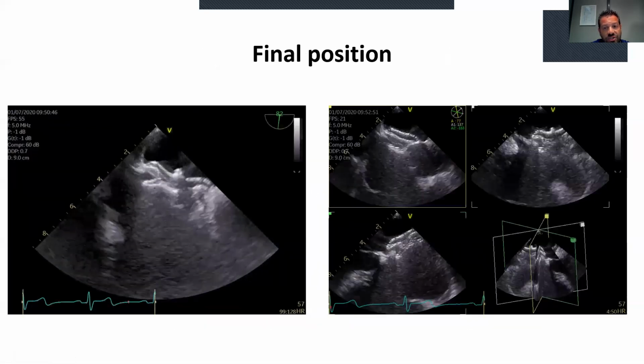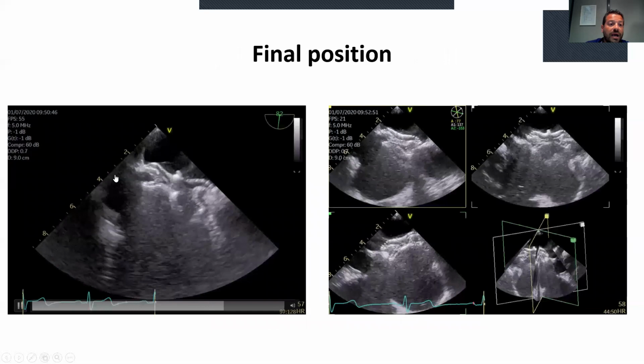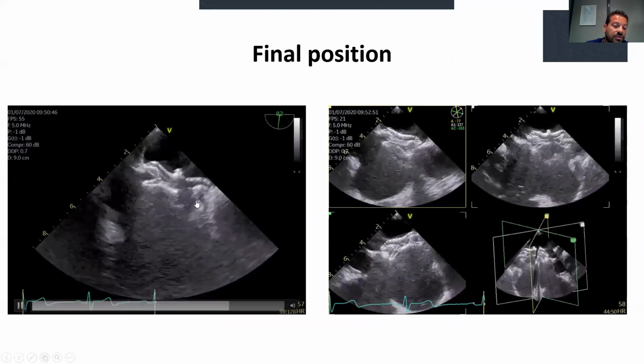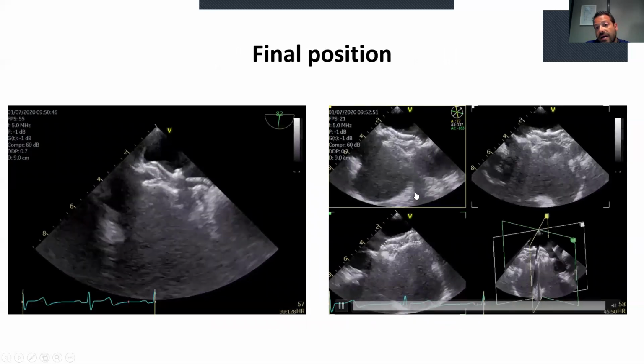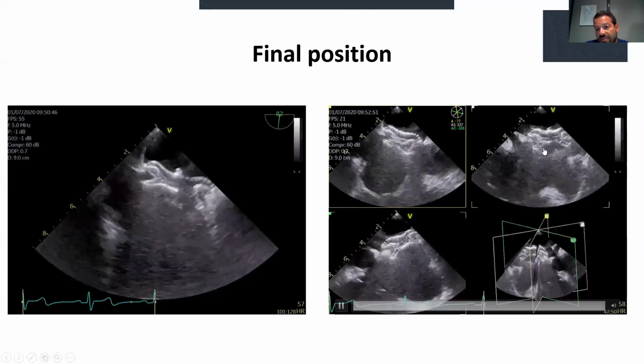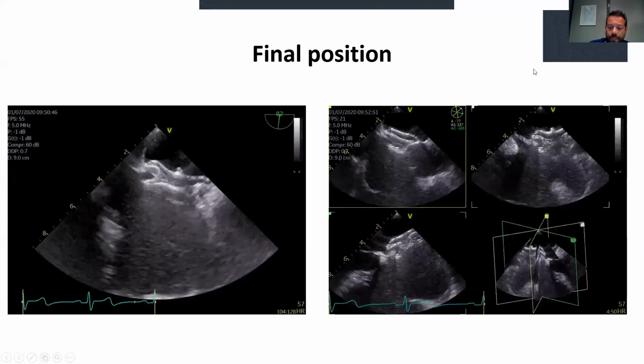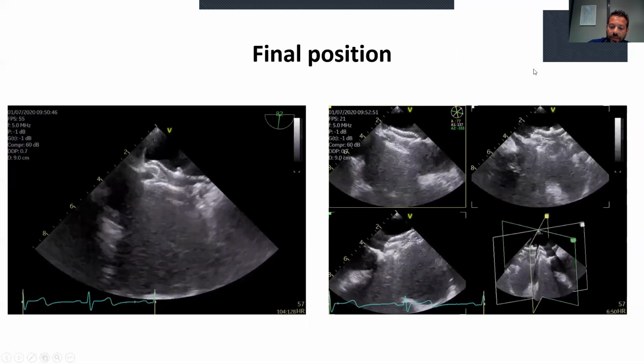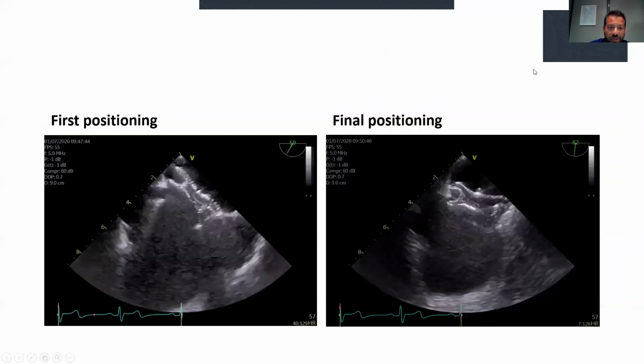And this was the final position where we see that we have a very nice result with all rims in between the two discs. And we were satisfied from the echocardiographic view.